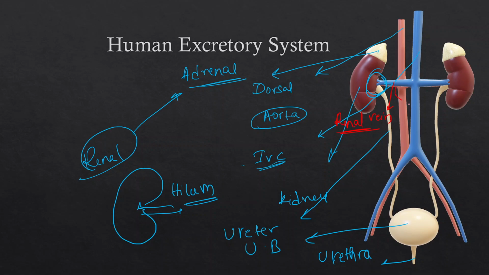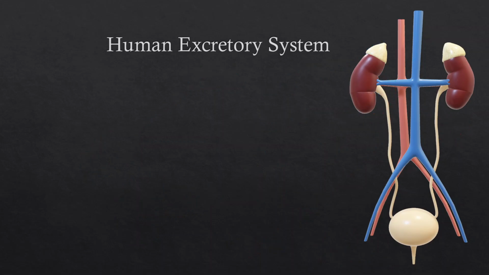The other thing is called as renal artery. So these are the structures that you have to remember. These are the things that are present in your human excretory system.